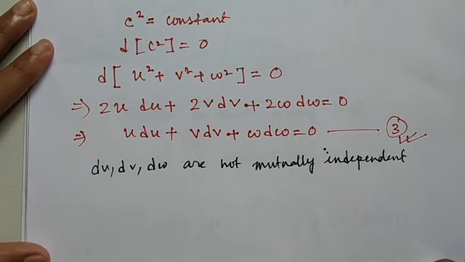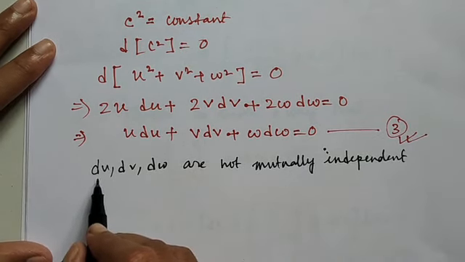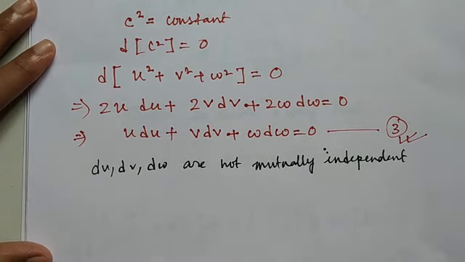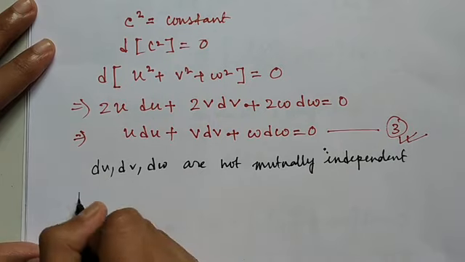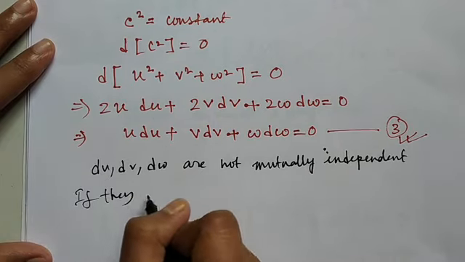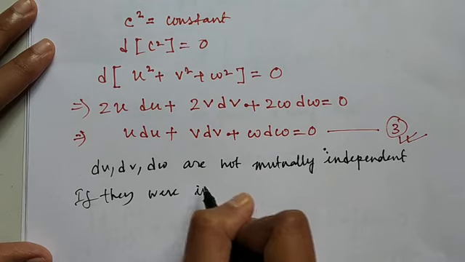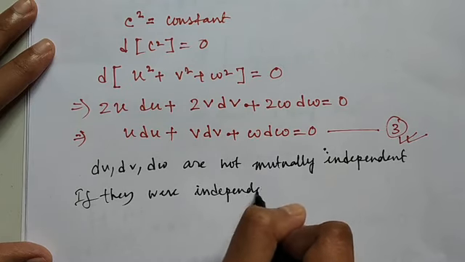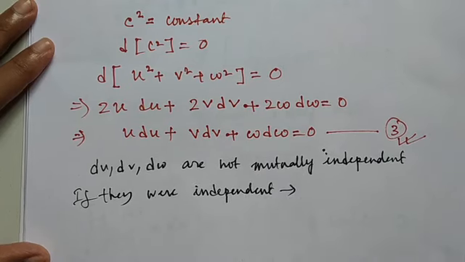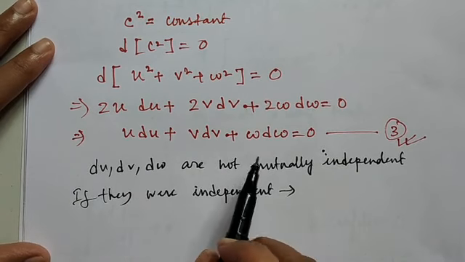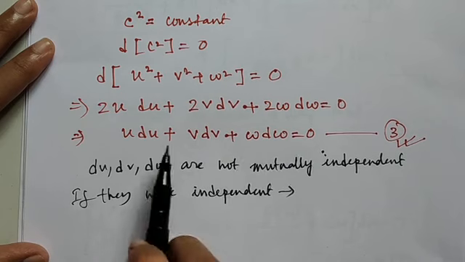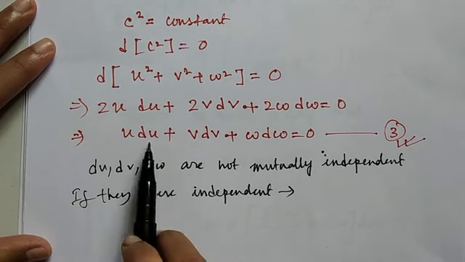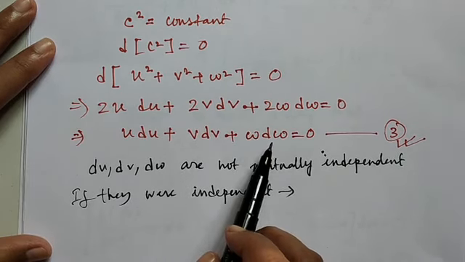If they were independent, then they would satisfy this equation only when the coefficients of du, dv, dw are equal to 0.